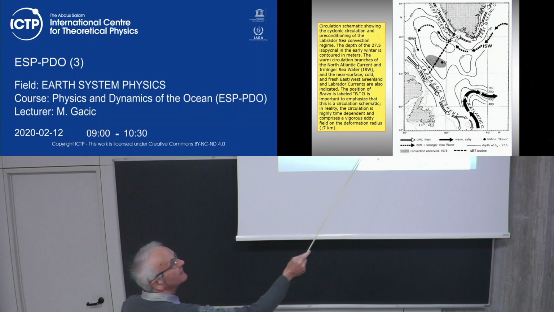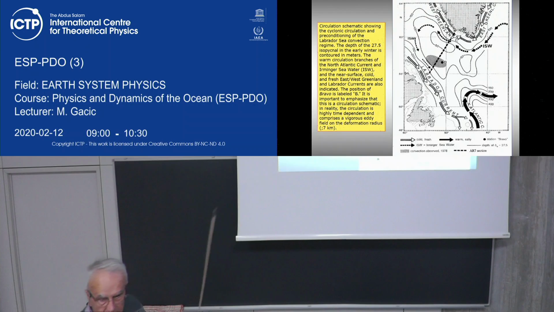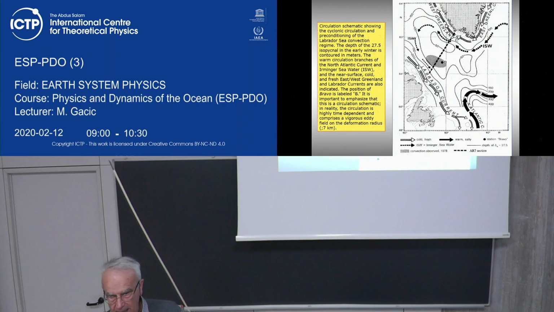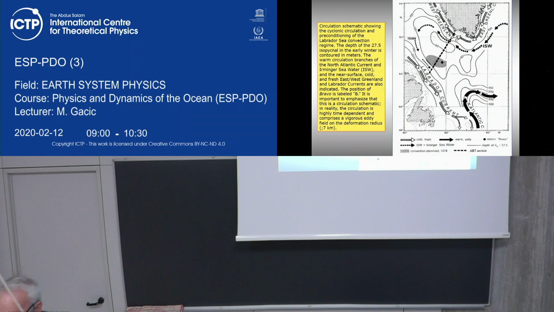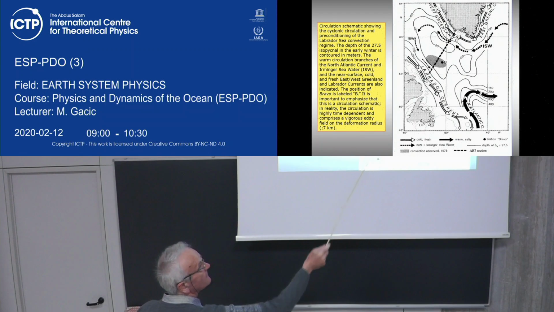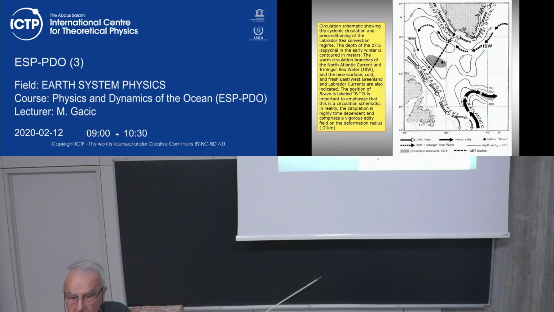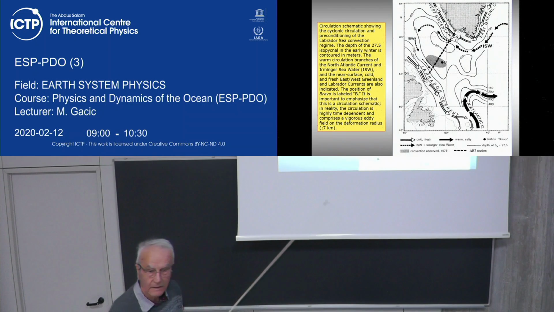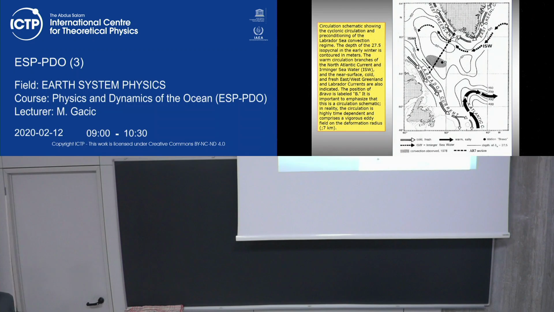You will see later that the cyclonic circulation means that the isopycnals form a belt shape, and this is the area where the dense water can be formed due to the coming season where there are strong cold and dry winds coming from the continent.